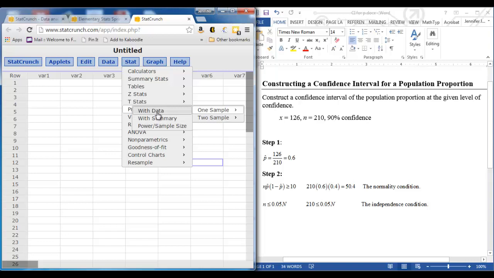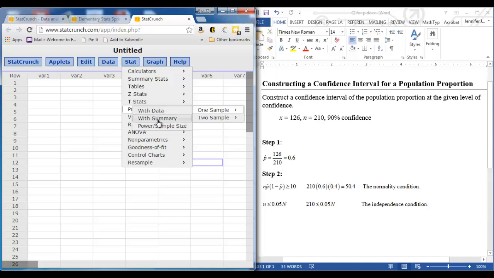With data would be if I actually had a column of values in my spreadsheet of yeses and nos on whether the registered voter supported pension reform. If you don't have a column of yeses and nos, all you have are counts, which in this case we know that 126 said yes.